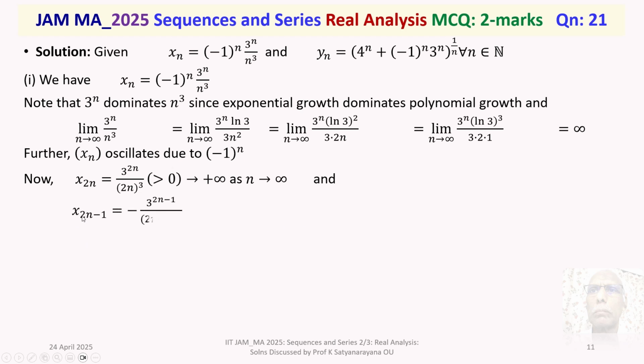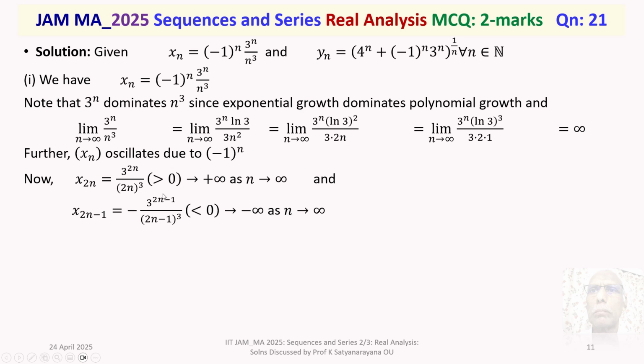Let us take the odd indexed terms, that is minus 3^{2n-1} by (2n-1) whole cube, because (-1)^{2n-1} is minus 1 and it is negative. It tends to minus infinity as n tends to infinity.